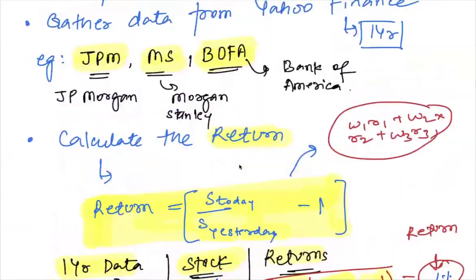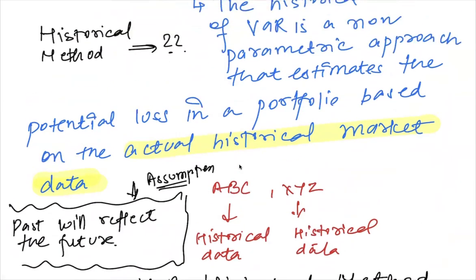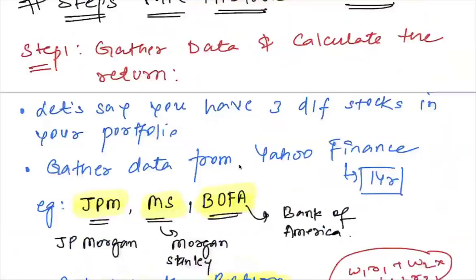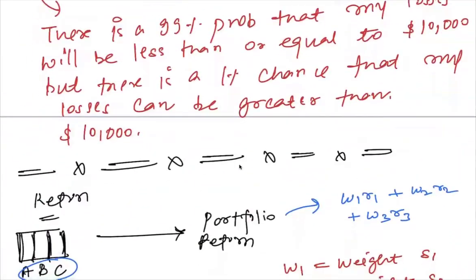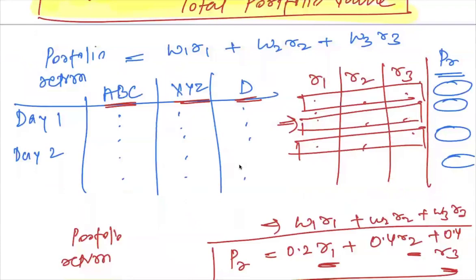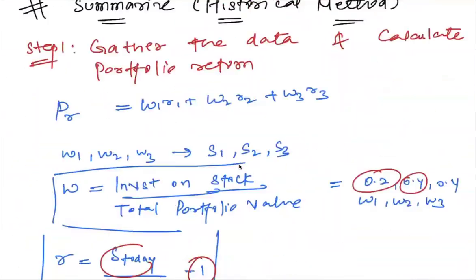This is the main assumption of the historical method, that the past will repeat itself, or the past will reflect the future. Always remember this method does not take any consideration of the distribution of the returns. It just says that the past will reflect the future.